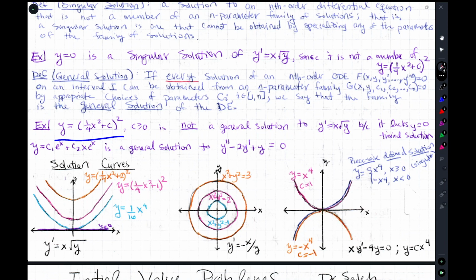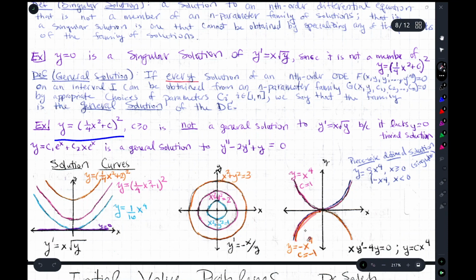And now we could have what's called a piecewise defined solution, okay? So that along the interval, the function has different expressions. So here for x greater than or equal to 0, we just have plus x to the fourth. And so it looks like the pink solution on the right of the y-axis.